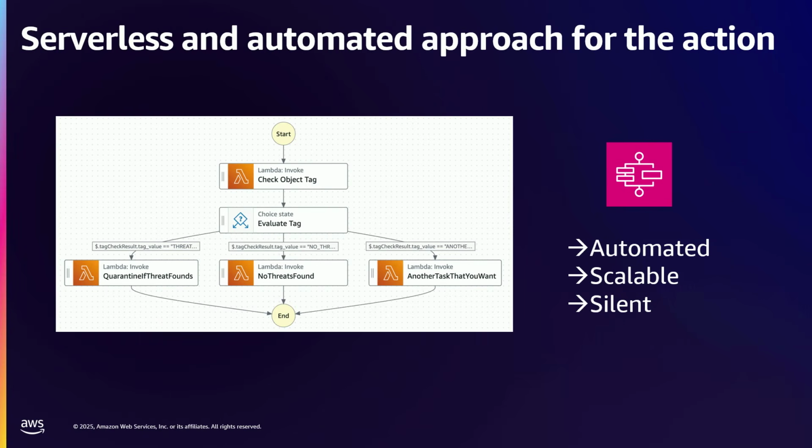And after that, if you have the tag no threat found, and if you have some business logic, like generating an AI image or this kind of stuff, you can just move on. But if you want, you can tag this as the clean object. You can send some notifications, or you can send all of this to SQS.